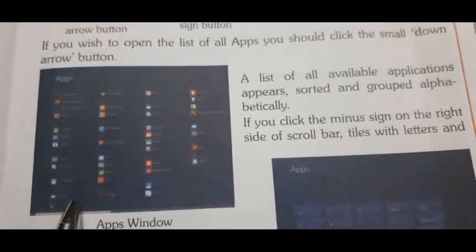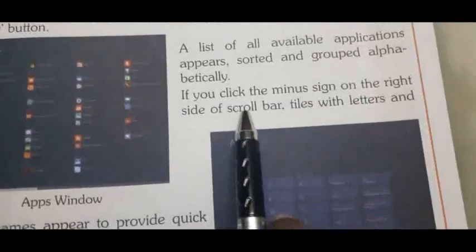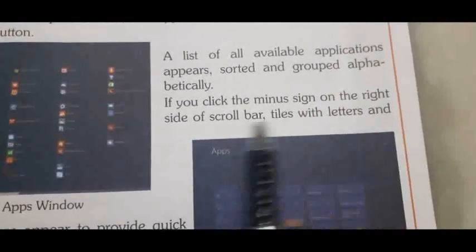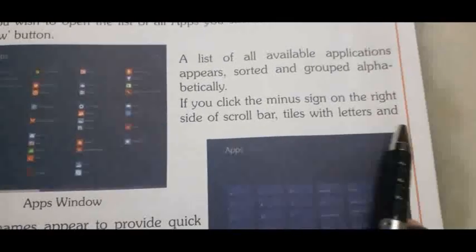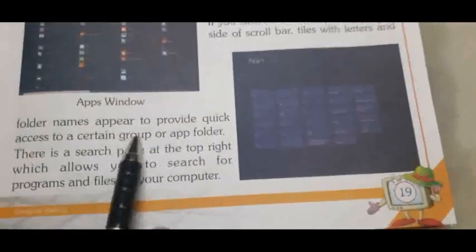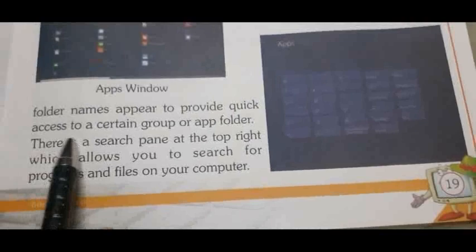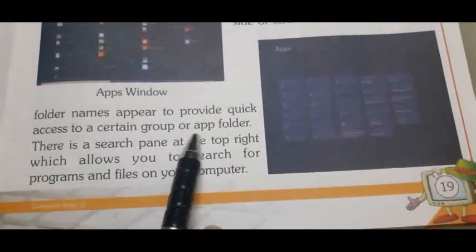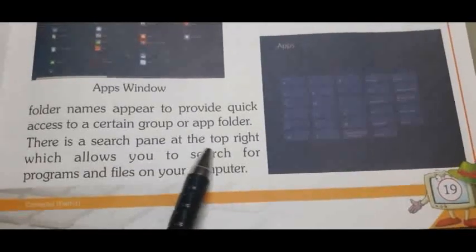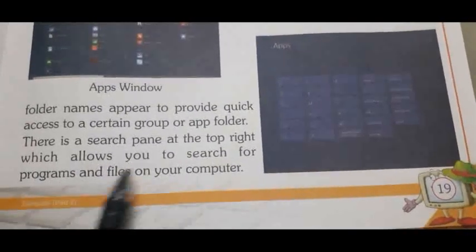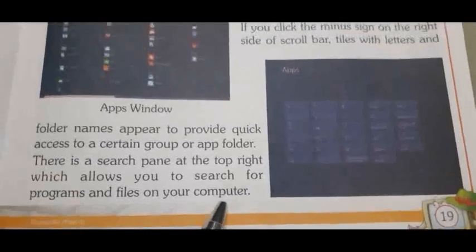Okay, if you click the minus sign on the right side of the scroll bar, tiles with letters and folder names appear to provide quick access to a certain group or app folder. There is a search pane at the top right which allows you to search for programs and files on your computer.